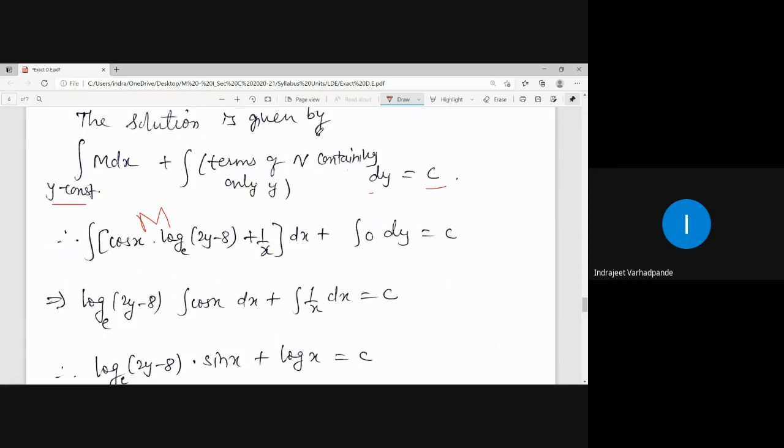So the integral of cos x into log of 2y minus 8 to the base e, plus 1 by x, whole dx, plus 0 is equal to c.